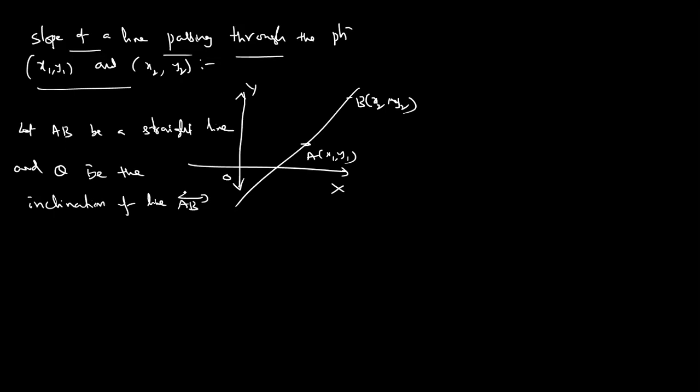Generally we are taking this. Now, according to the definition, m is tan theta. So what is the formula? m is equal to (y2 minus y1) by (x2 minus x1). If they are not giving theta, then how to find it if you know these two points? The ratio of the difference of y coordinates and x coordinates is nothing but the slope of the given line.